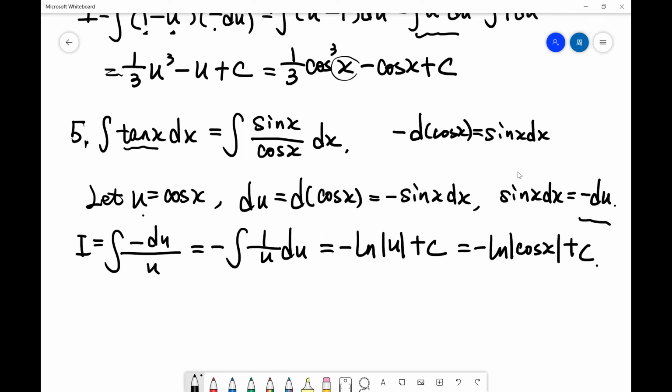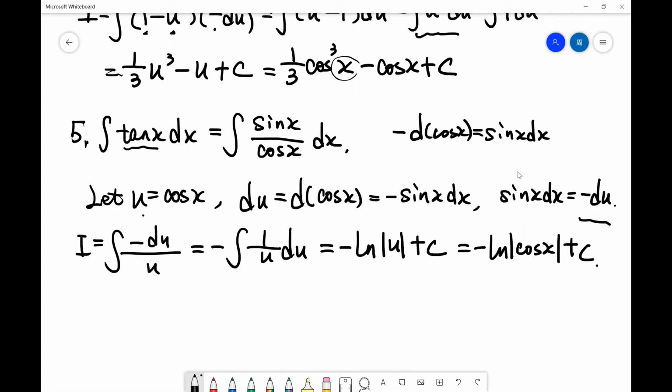Okay. So here are the questions about substitution rules. And I think if you want to solve these kinds of questions well, firstly, you should be very familiar with the formulas we have listed before, right? And second, you should figure out how to use the substitution rule.